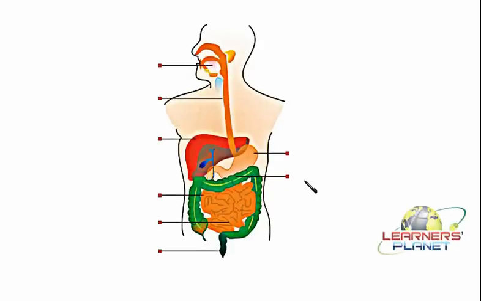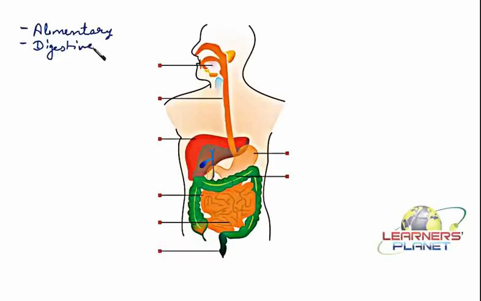Before we label this picture, I just want to remind you of a basic thing related to the digestive system. If you remember, this digestive system is comprised of two basic parts, right? The main parts are the alimentary canal, and besides that, the other one is the glands, or we can call them the digestive glands.